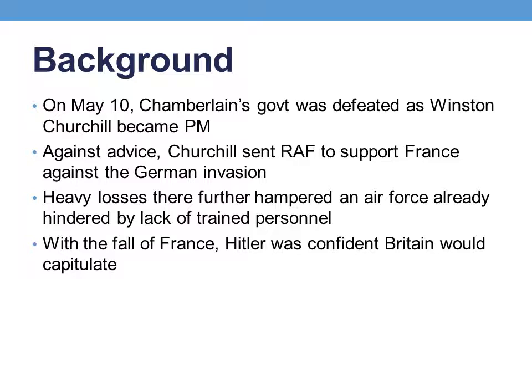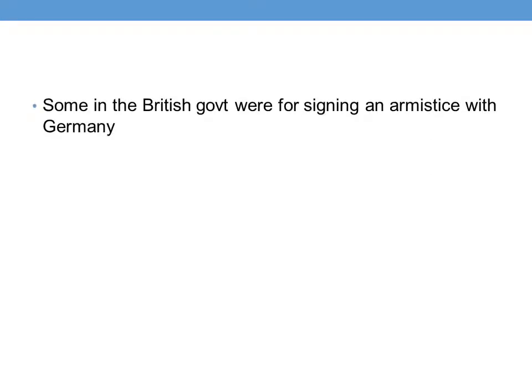With the fall of France, Hitler is pretty confident that Britain realizes that she's in an untenable position, and basically she needs to back out of it. But that's just not how Britain rolls, yo. There were some people in the British government who were for signing an armistice with Germany, essentially because Germany had been invincible at this point.